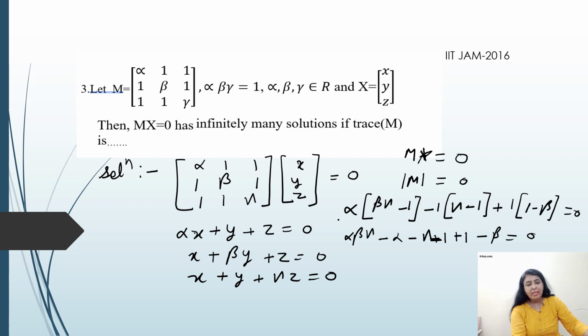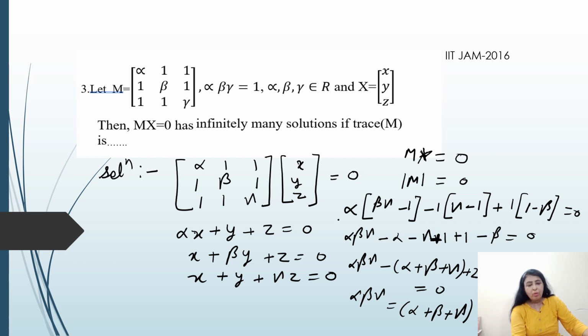Now what you are getting: αβγ - α - β - γ = 0. Actually, I think this is plus: minus 1 times (γ minus 1), the γ minus 1 is plus. Okay, this is 2. This is my mistake. Just check it out, here 2 will be there.